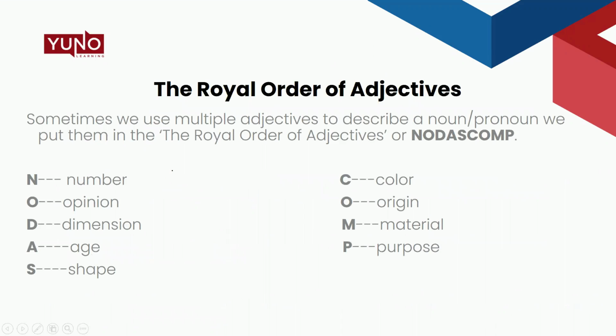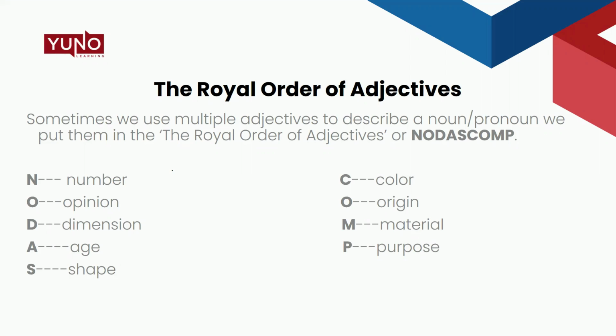Now, it is quite possible that sometimes when we speak or write, we do not use one, but multiple adjectives to describe a noun, pronoun, object, situation, etc. But we do not put all these adjectives randomly, putting the words we like first and the words we feel are less important later. No, it does not happen like that.